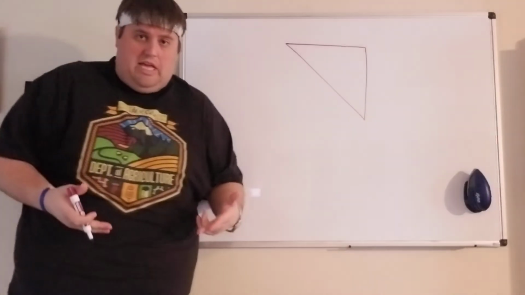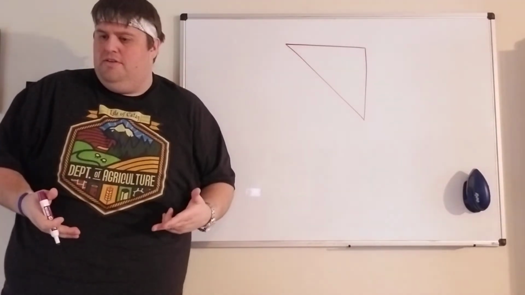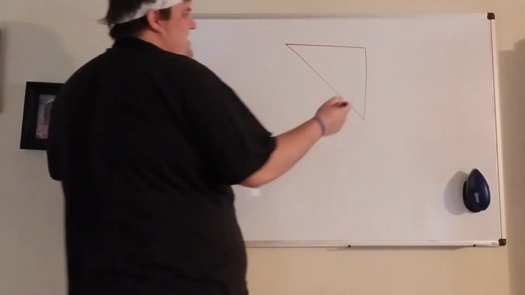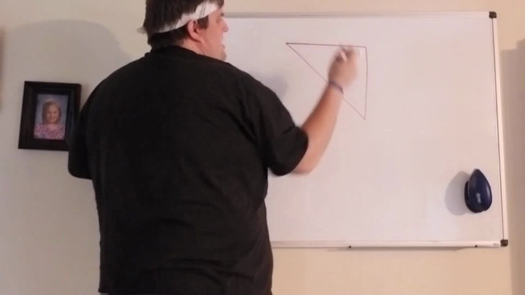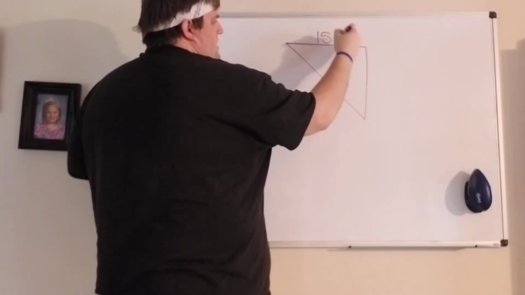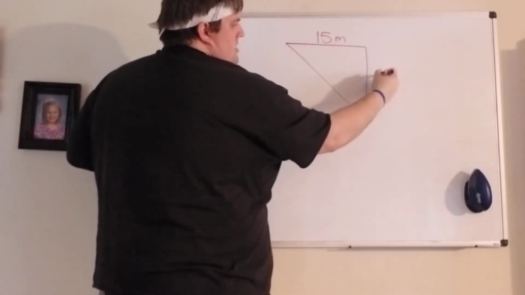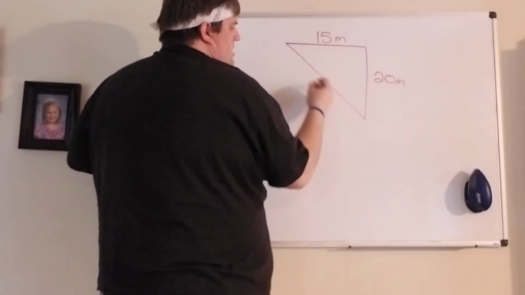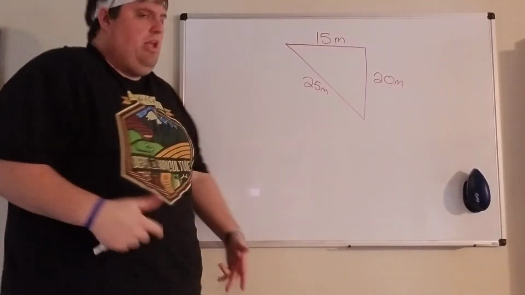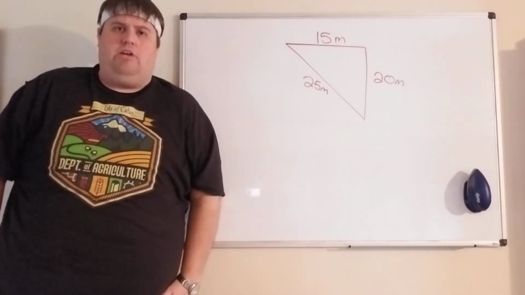It certainly looks like it might be a right triangle. And so now I know some sides of it. So let's say this side over here was 15 meters, 20 meters, and this side's 25 meters. And I want to know, is this triangle actually a right triangle?